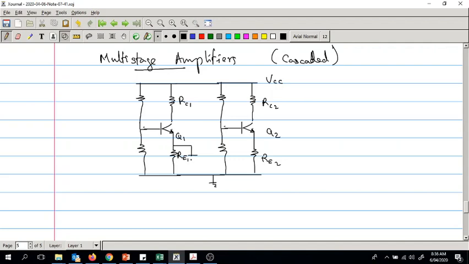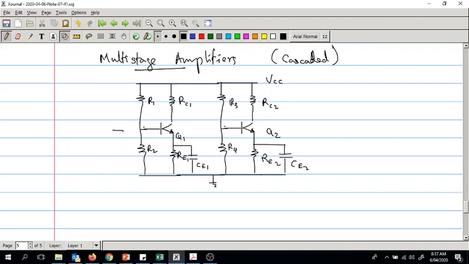So you have a capacitor here, CE1, and another capacitor here, CE2, and R1, R2, R3, R4.